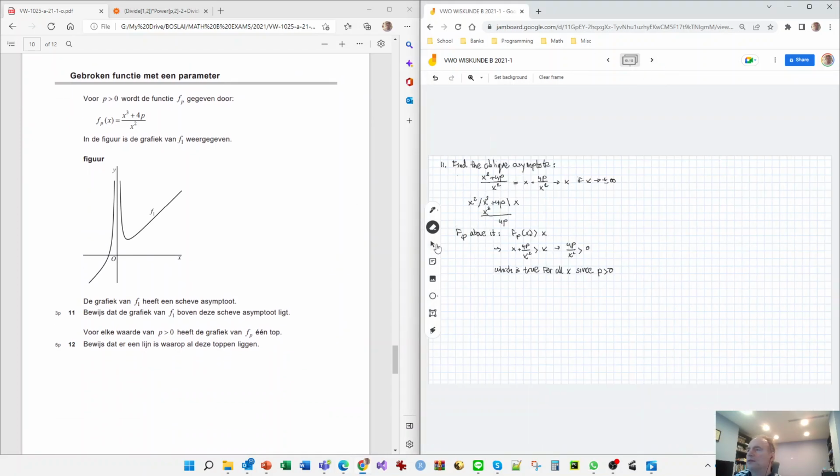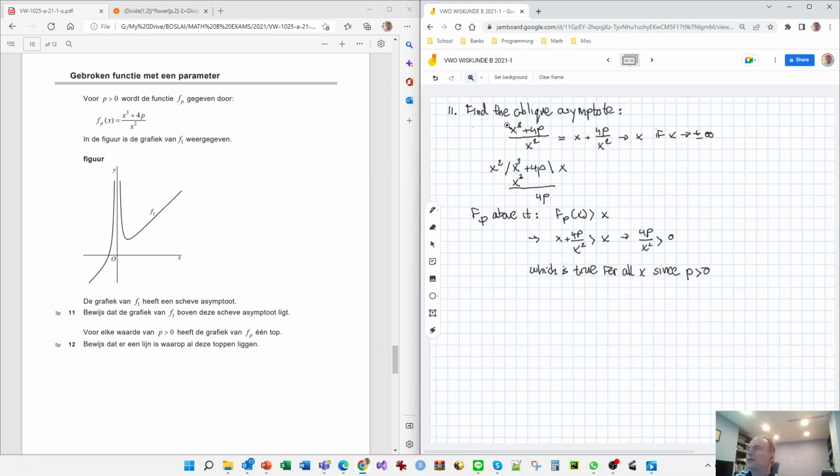Next question, 11. We have a function f_p given here, and this is the graph given for the case that p is equal to 1.